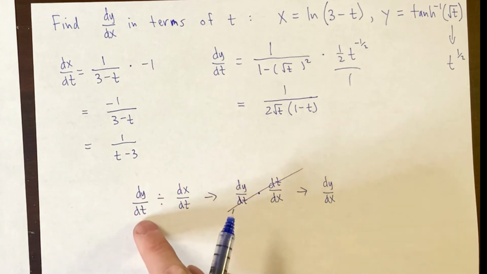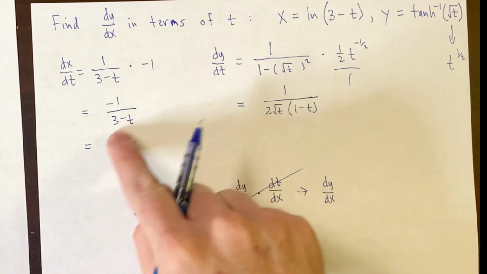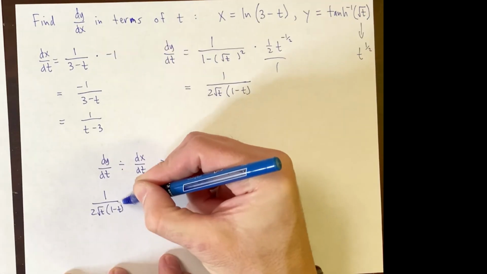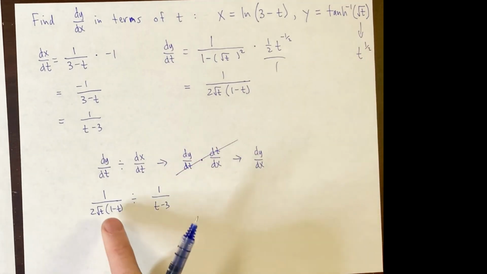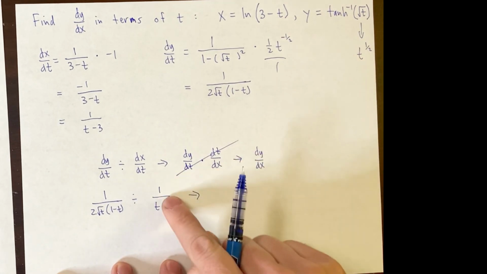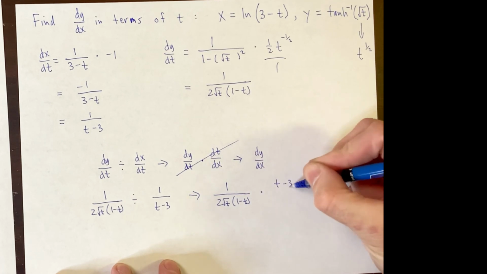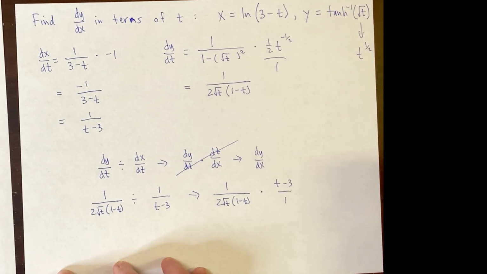Let's go dy/dt, which is this, and let's divide it by dx/dt, which is that. Okay, so that's dy/dt divided by dx/dt. And so let's reciprocate this one and turn this into multiplication. And honestly, there's really nothing else to do except just to write this as one fraction.